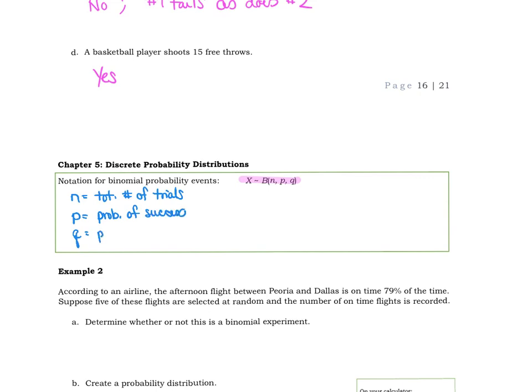And Q is the probability of failure. And I want you to just, again, make a note. The probability of failure will be 1 minus the probability of success, which is denoted P. Okay, because those two have to add up to 1 or 100% of the time.